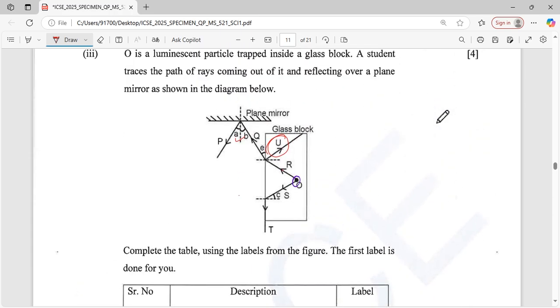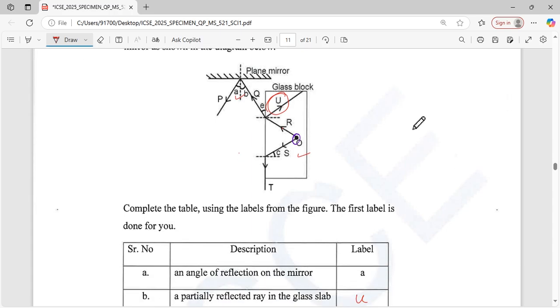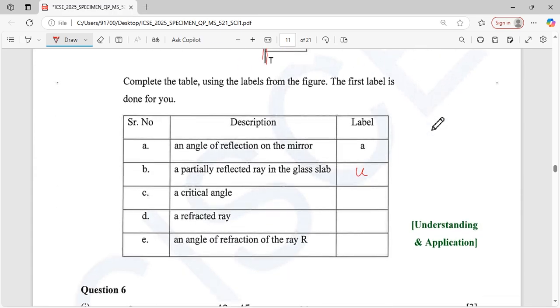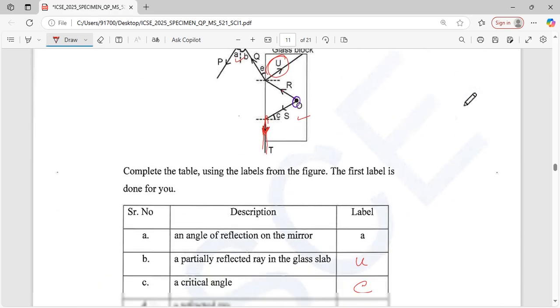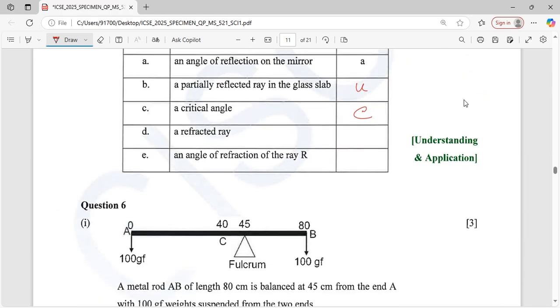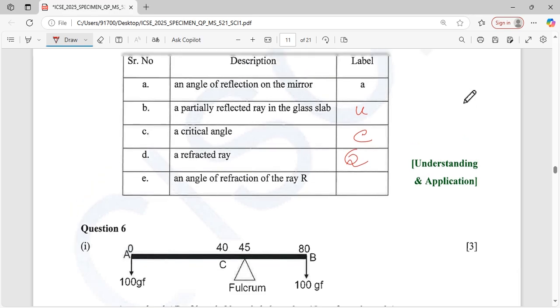That is C, the critical angle, because the reflected ray is parallel to the line of incidence or overlapping the line of incidence. That is C. And the refracted ray Q is a refracted ray.